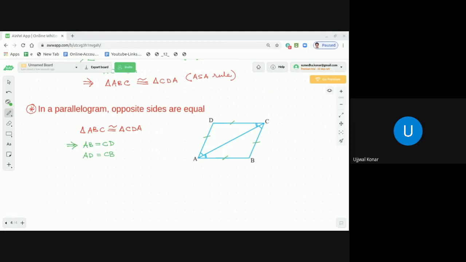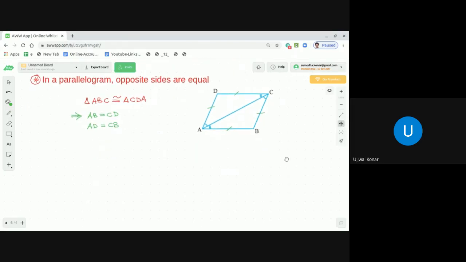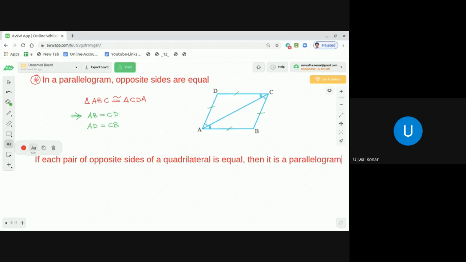If each pair of opposite sides of a quadrilateral is equal, then it is a parallelogram. Okay, so let's see how we can prove it.